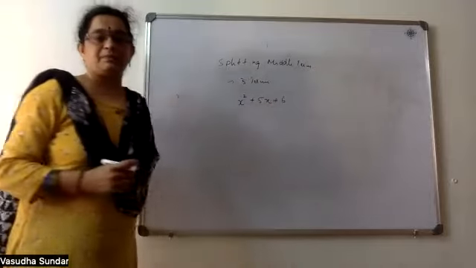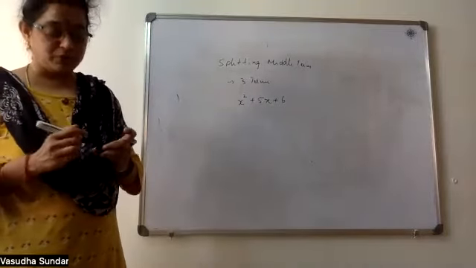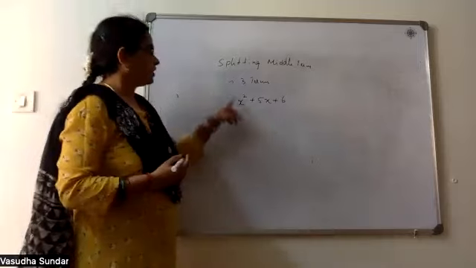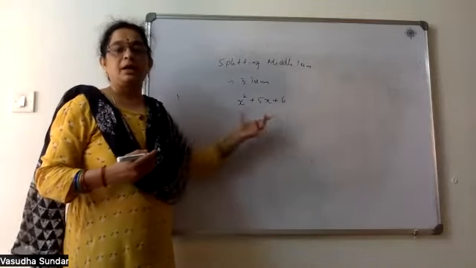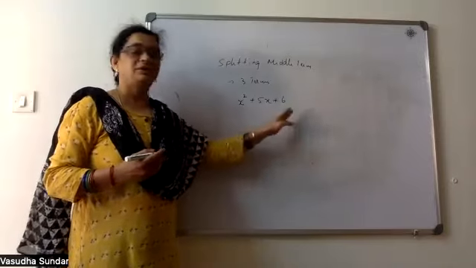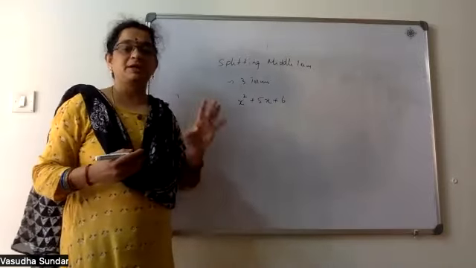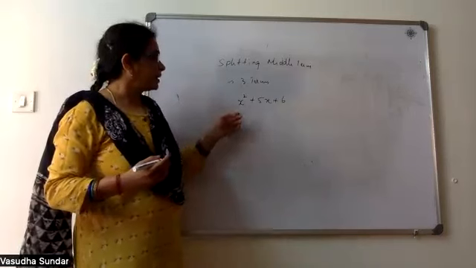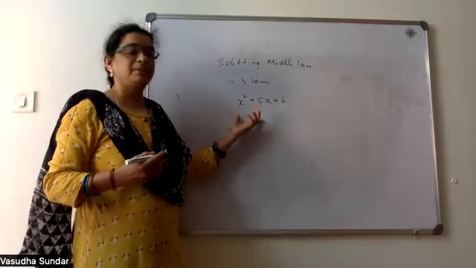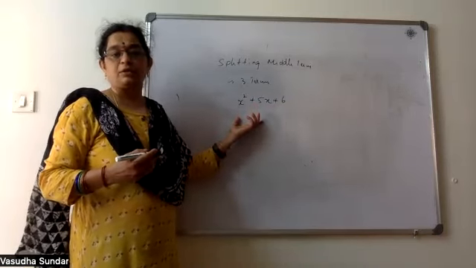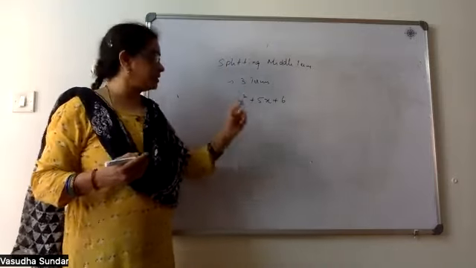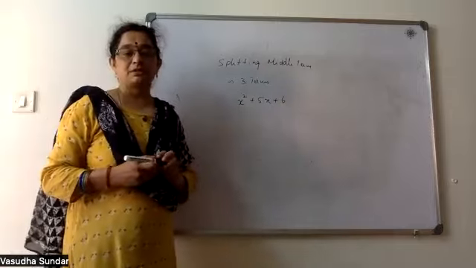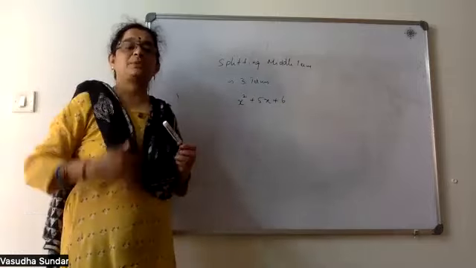First I told you, see if there's anything common. Is there anything common here? No. Correct? I can't do grouping because I have 3 terms. When I have 3 terms, I can never do grouping. Can I use any identity? Is there a squared minus b squared? No. For a squared minus b squared, I need 2 expressions with a minus in between, but these are all having plus. So the next one I do is splitting the middle term.